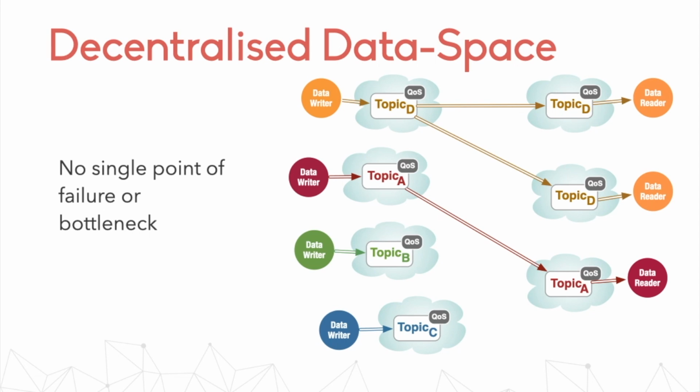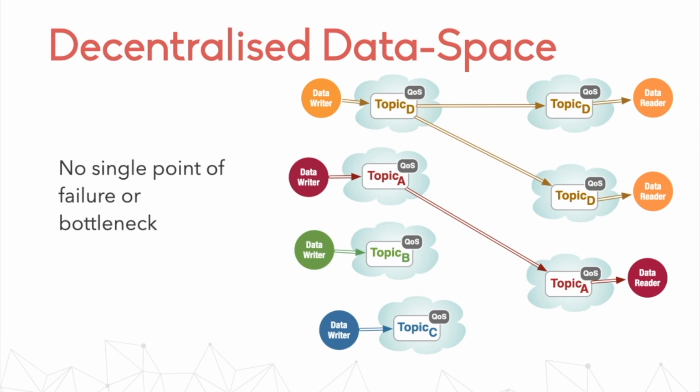Conceptually there is indeed this global data space, but the data that you're interested in, which lives in this virtual data space, is projected into your local data space, which is implemented by means of primary and secondary storage backends.